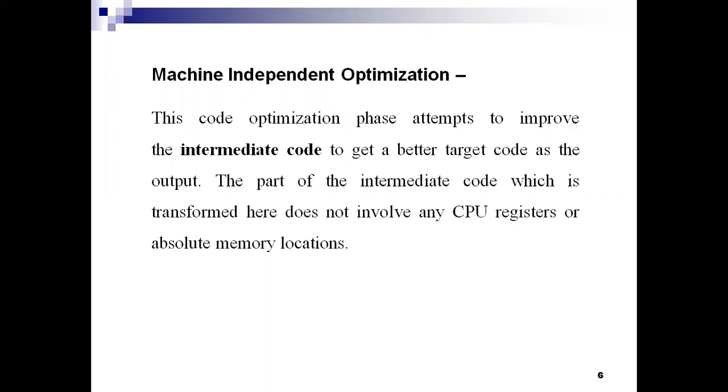These are the four most important reasons for the machine independent optimization, and why optimization is classified into two types, machine independent and machine dependent. What it means is that we need to improve the intermediate code to get a better target code as output, right? So how do we improve it?